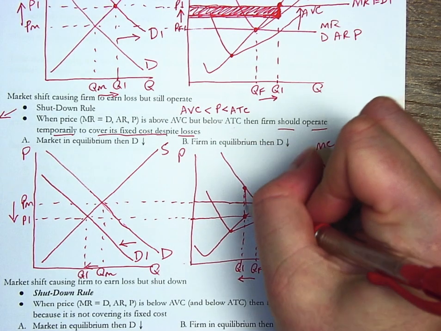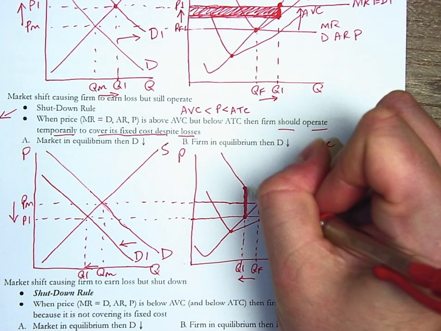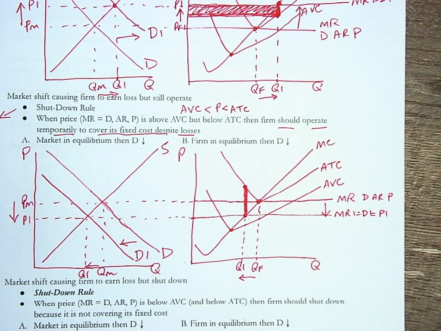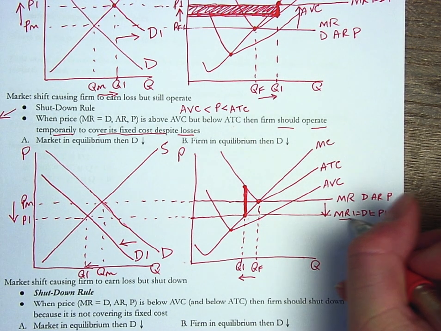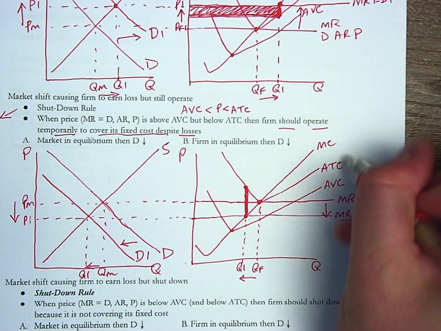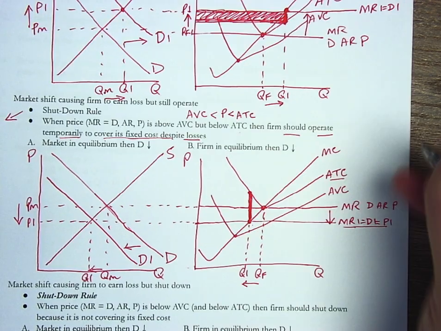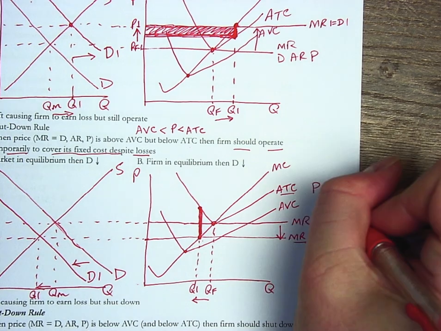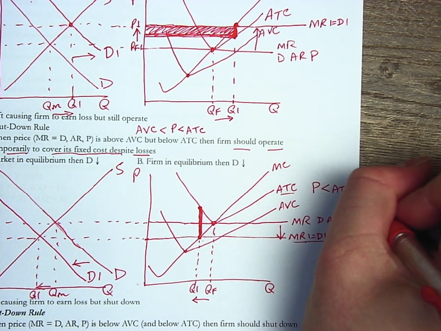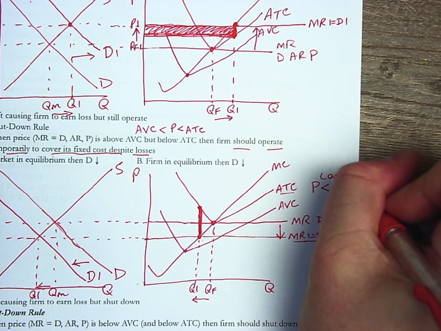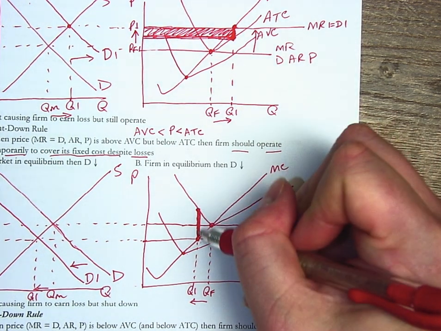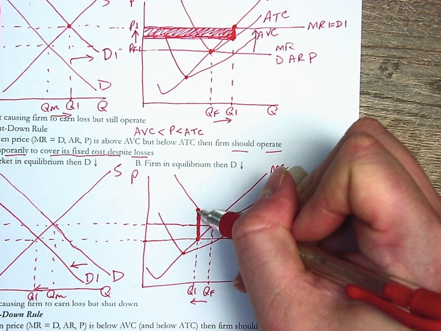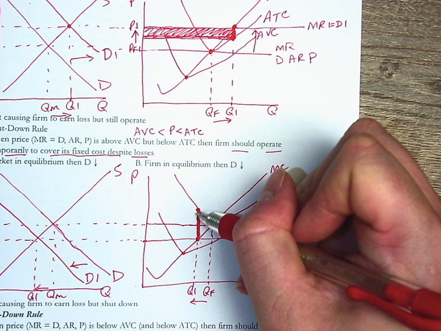And that vertical distance between those two is the per unit amount of the loss. We went from the new MR = D = AR = P all the way up to the ATC. And we found that price, in this case, was less than ATC, so we're earning a loss. If the ATC is way up here and price is down here, the per unit amount of the loss is that vertical distance.